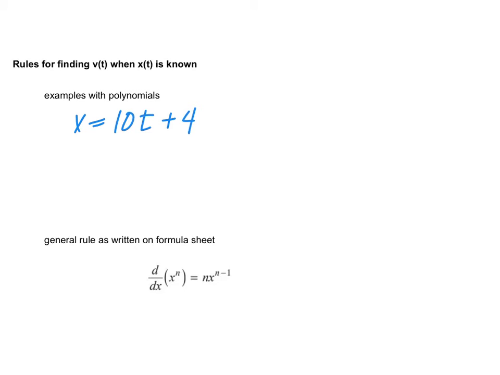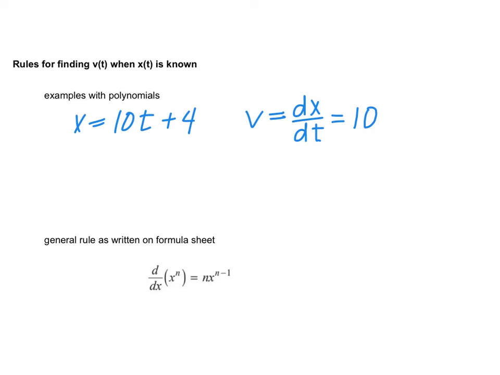I'm just going to show you the rule: the velocity, which is also written dx/dt, that's how the derivative is written, the derivative of x with respect to time, is going to just be 10.